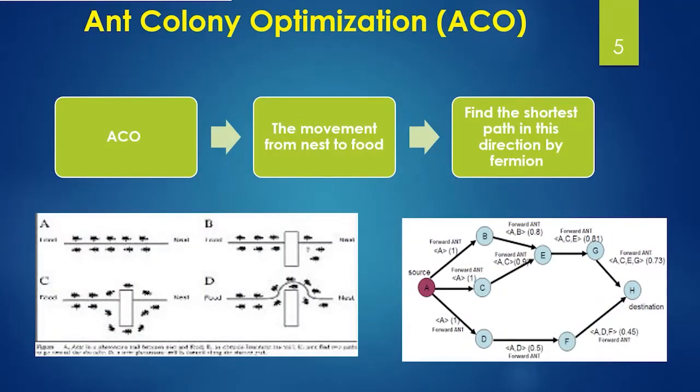For example, ant colony optimization tries to imitate the behavior of ants to find food and bring it to the nest. This algorithm has been proposed for discrete optimization problems like network optimization and problems like shortest path or traveling salesman.